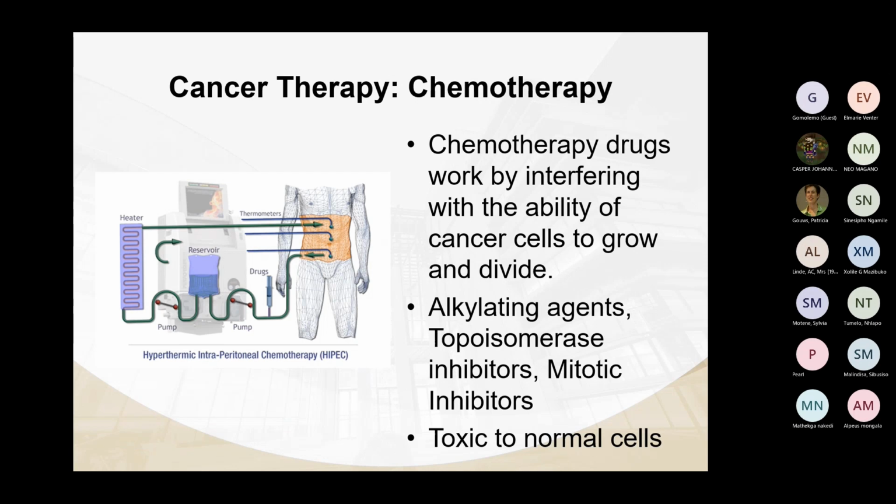Exactly the same, chemotherapy is also using various agents to attack cancer cells, but because it is also targeting some of the normal physiological processes, it also affects normal cells. So you see people undergoing chemotherapy or radiation having side effects such as sight loss, vomiting, and so on.